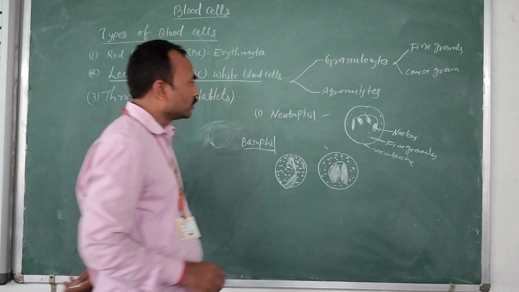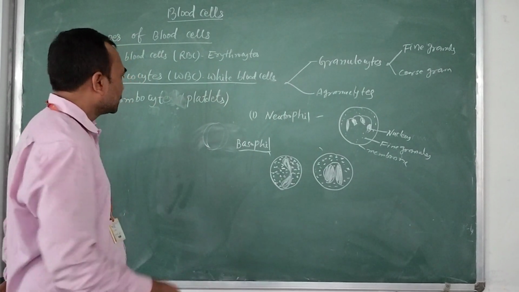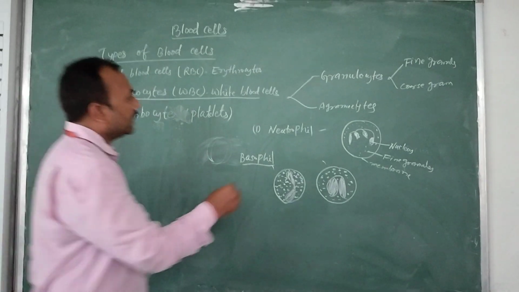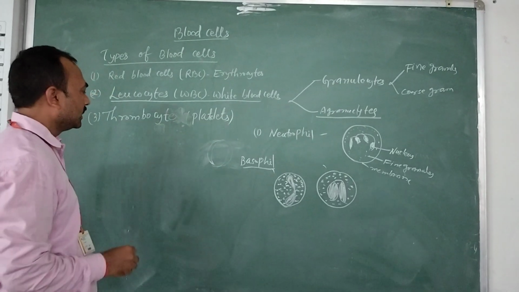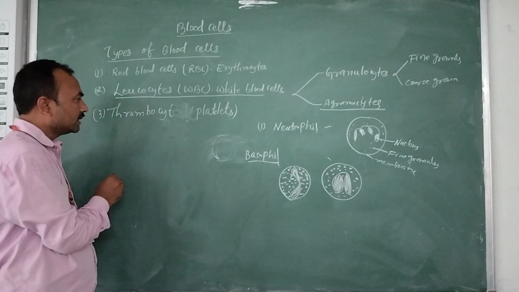So that's the eosinophil. Another cell, an agranulocyte in the WBC series, is the lymphocyte.